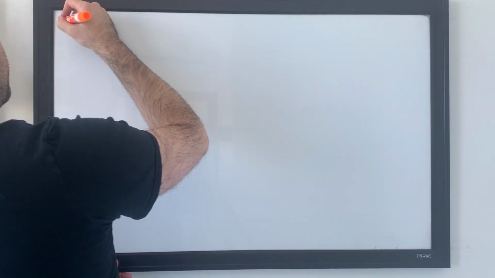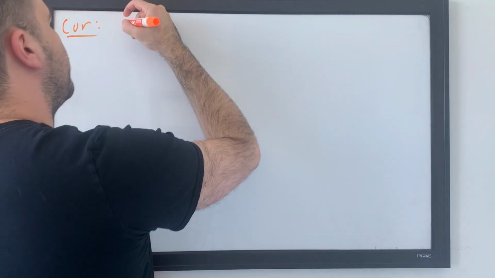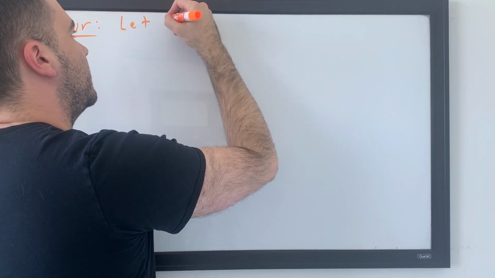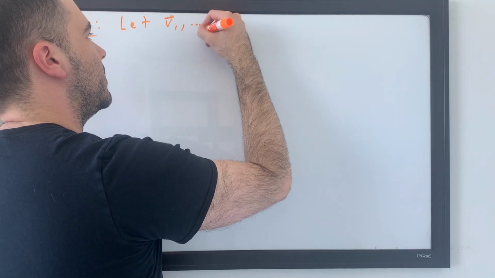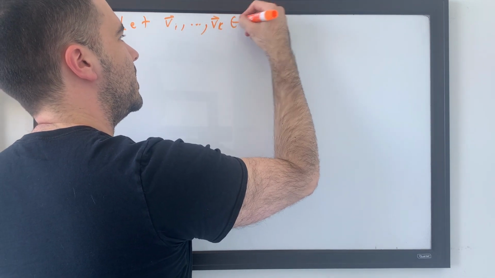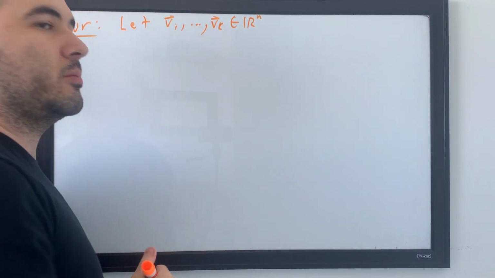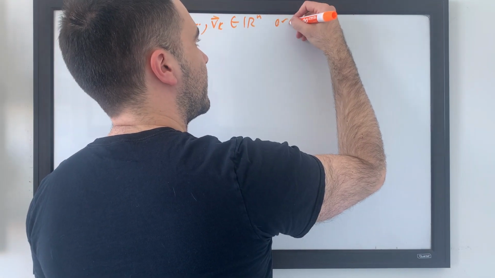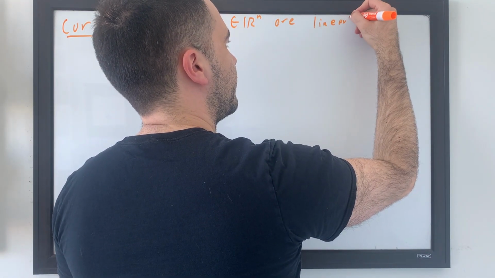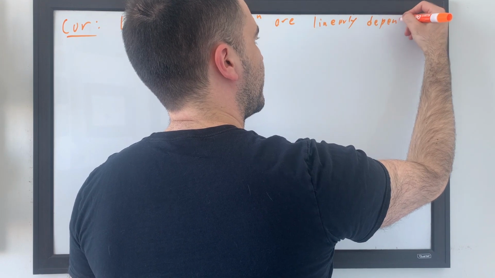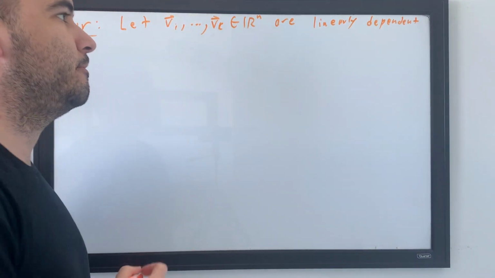So now what happens when a set is linearly dependent? This is an interesting corollary that comes from the definition of linear independence. Corollary: let v1 to vk be a subset of Rn that are linearly dependent.